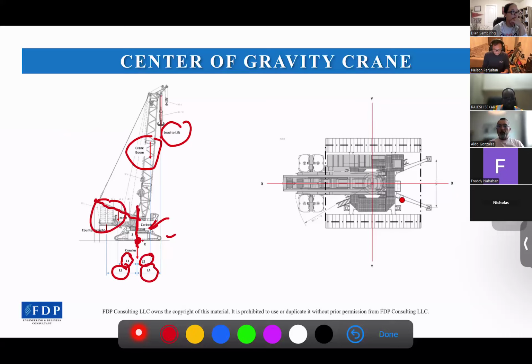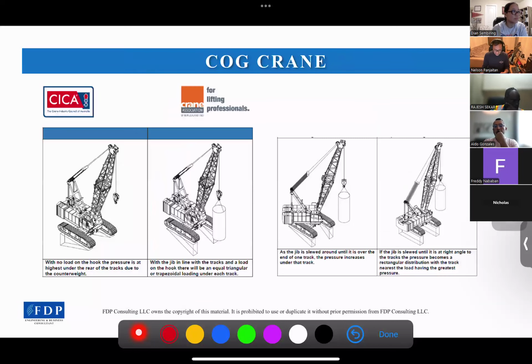So this is the one we talked about yesterday, which shows how the load and slewing at certain angles can impact the ground bearing pressure.